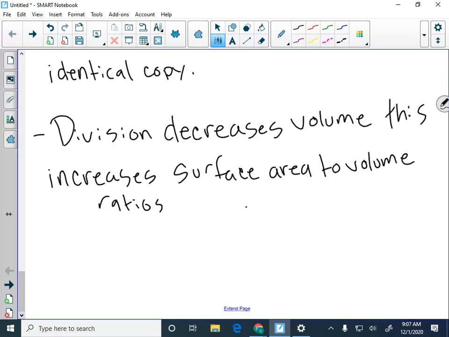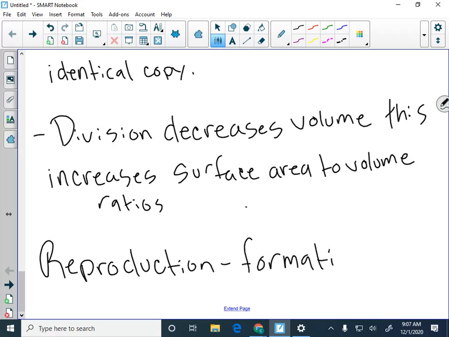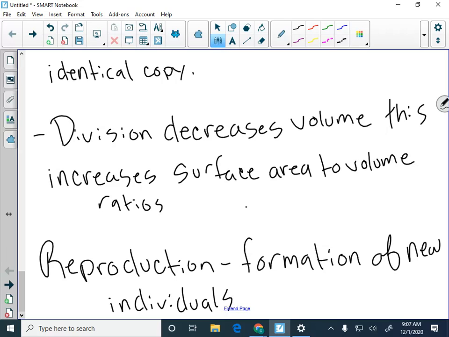But single-celled organisms, when they do divide, they are reproducing, because reproduction is the formation of new individuals. We can't talk about cell division without talking about reproduction. Now, we've talked about reproduction at the very beginning of the year. I'm talking like one of the first, if not the first concept we did.